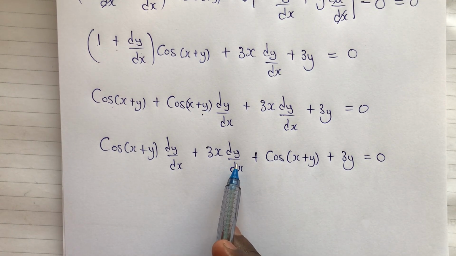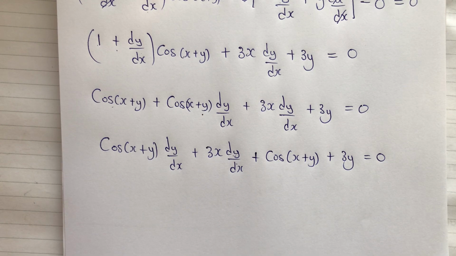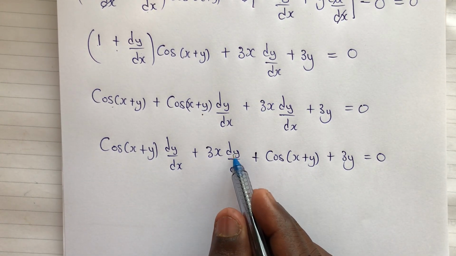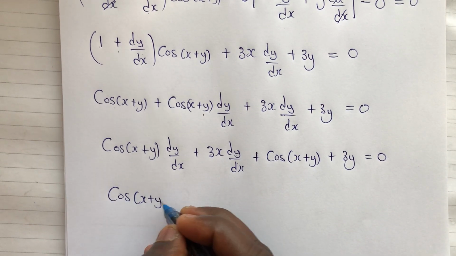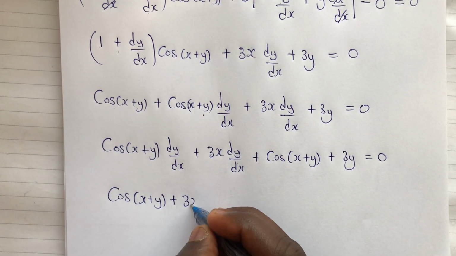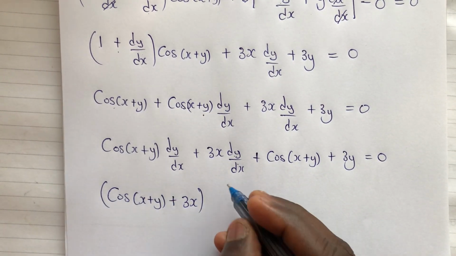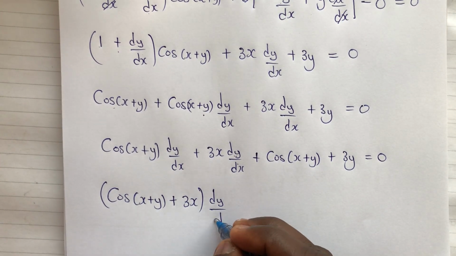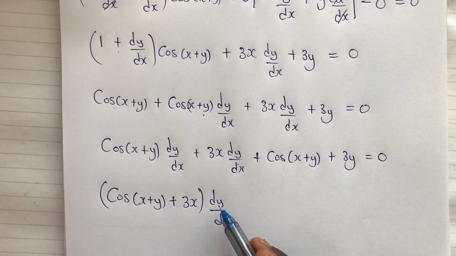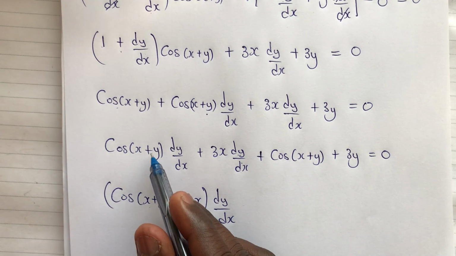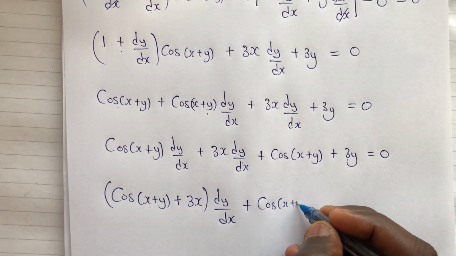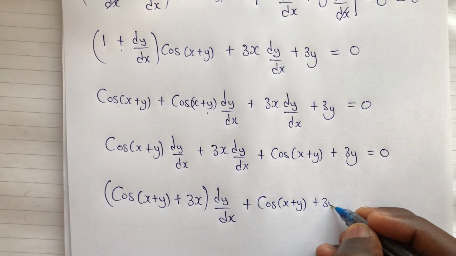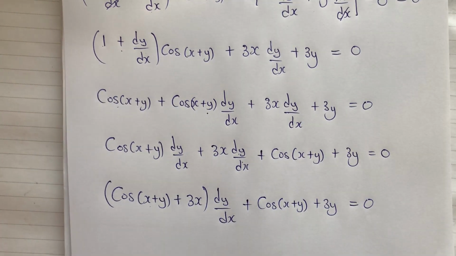Now because we have a common term here, dy/dx, we can factorize it out. So once you factorize that, you have cos(x + y) plus 3x in brackets, times dy/dx, plus cos(x + y) plus 3y equal to 0.